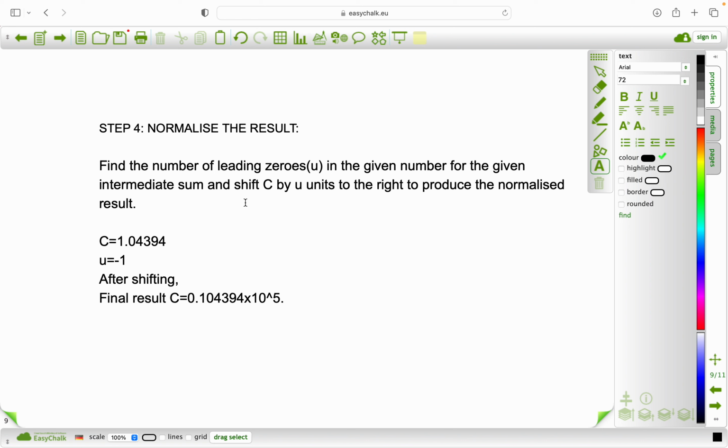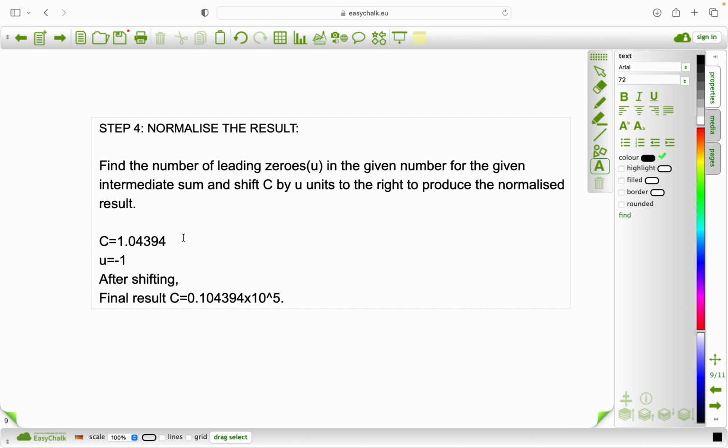So for this the process will be to find the number of leading zeros for the given intermediate sum, and shift the result that we got in the third step by those units. So we're going to find the number of leading zeros, which in this case is -1, and we're going to shift the number given by those -1 units.